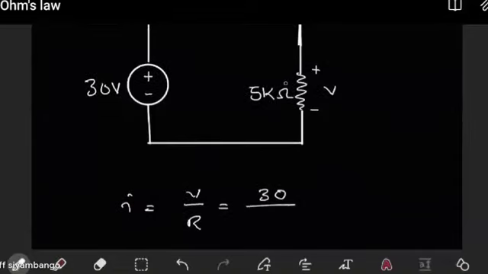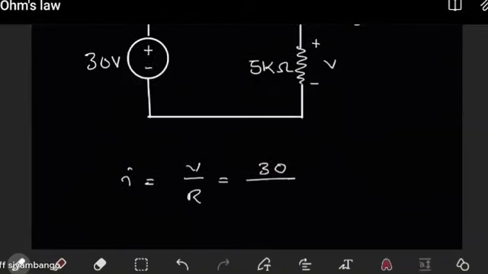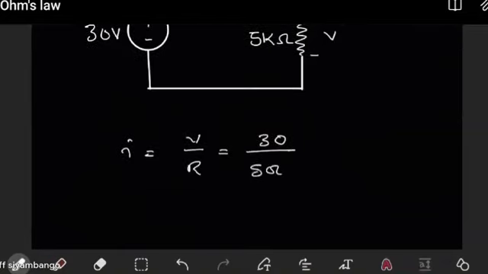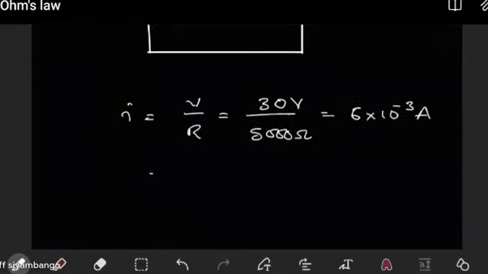You know to say 5 kilo ohms is equivalent to 5,000 ohms. So from there, this is divided by 5,000. When you do the math, this comes out as 6 by 10 to the power minus 3 amps, but this can be taken as 6 milliamps.